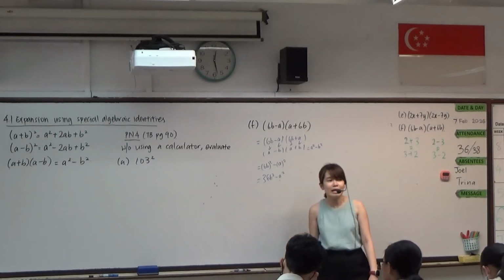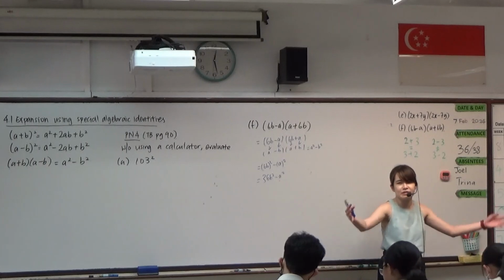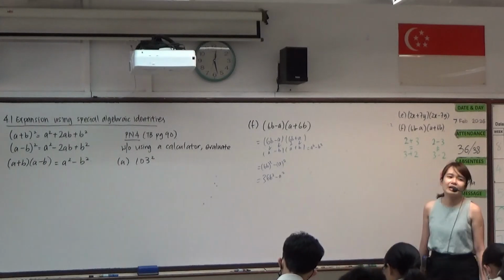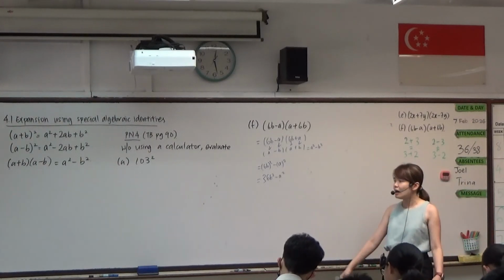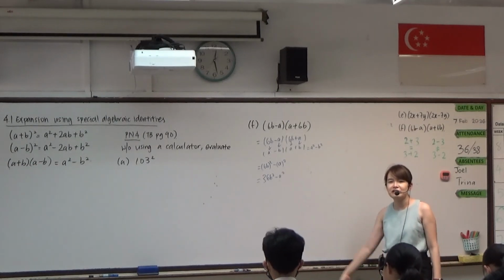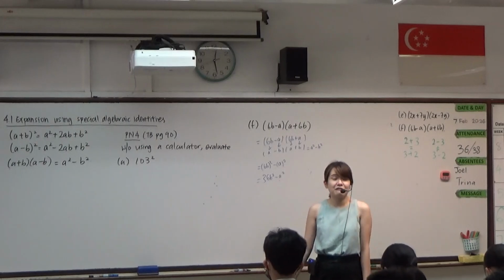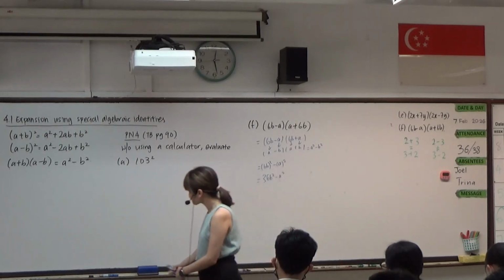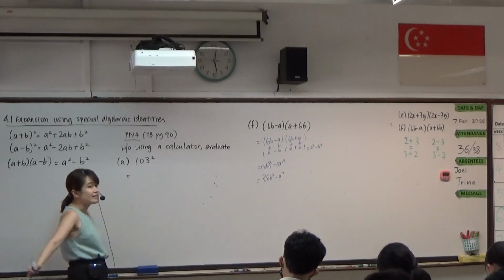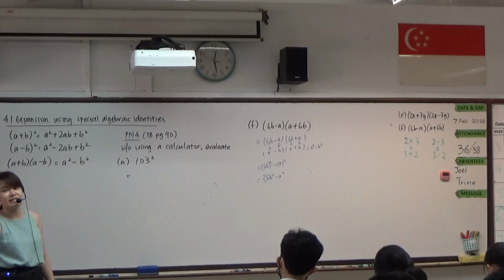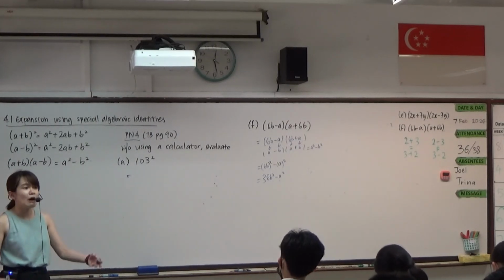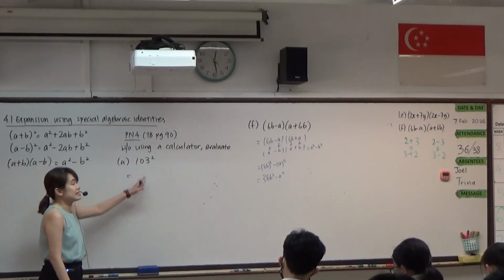Maybe next time when I buy my own house, it happens to be square in terms of its dimensions. Maybe it's 103 feet by 103 feet, and you have to know roughly what the area is. Clearly 103 is not an easy number to calculate mentally.